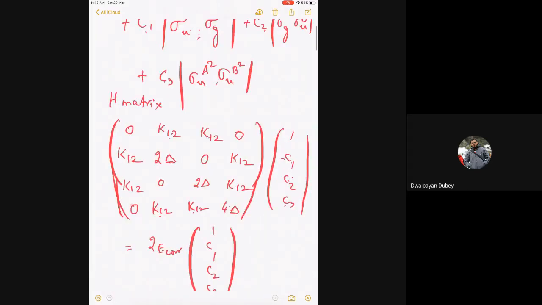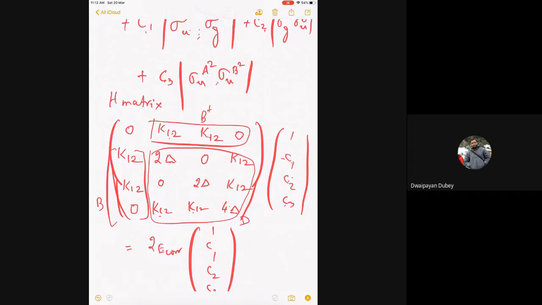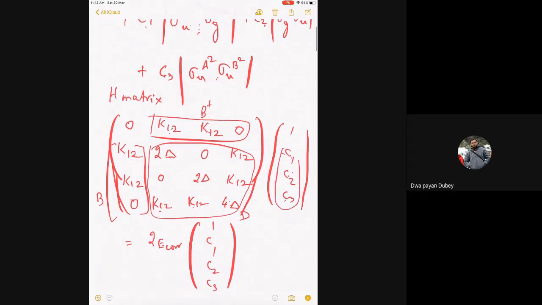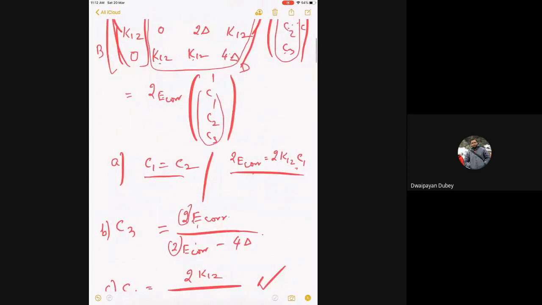So why was it block? For example, this part that I wrote was my B dagger. This was my B. If you go back, you'll see very quickly. This square matrix is my D, and this is my C. It's a 4x4 problem, out of which one of them is Hartree-Fock, so I forget about that.